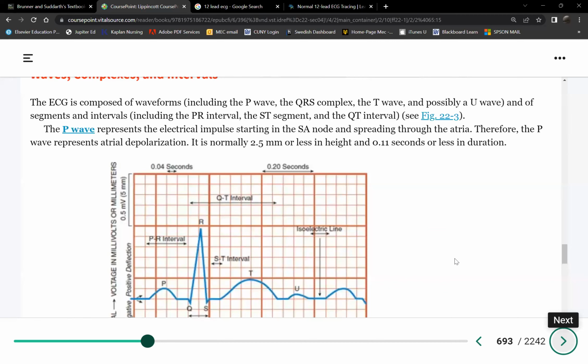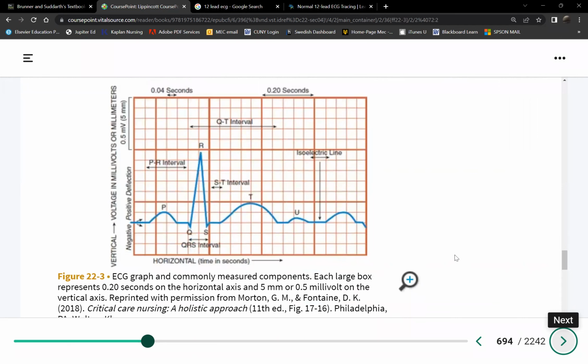Okay, let's go now to what each wave and complex represents. Let's look at this figure, Figure 22-3. So this is a P wave, and then we have a QRS complex, and then this distance here is called the ST segment, and then we have a T wave, and then a U wave.